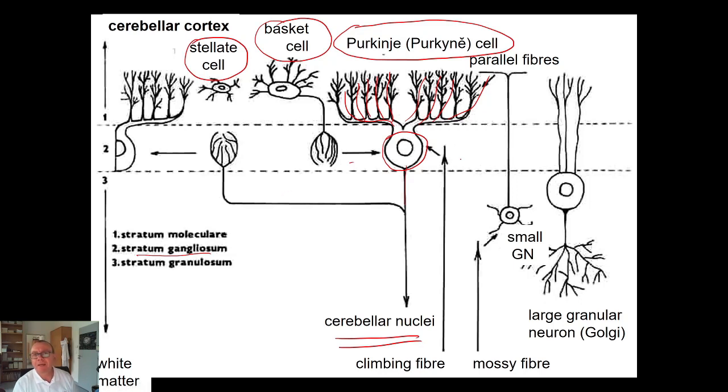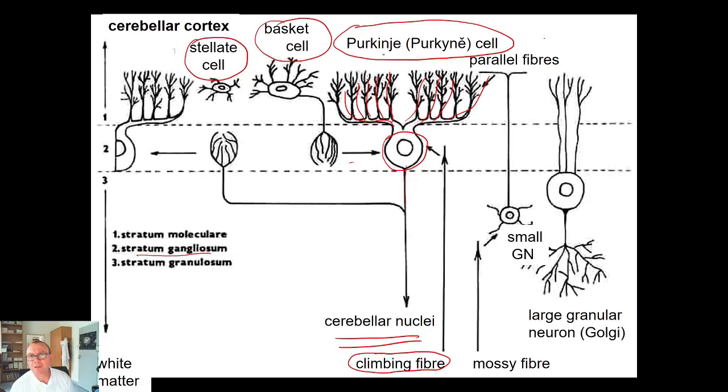Of course, there are also glial cells in the molecular layer, and some axons of other neurons, like small granular neurons from the molecular layer, or also there are so-called climbing fibers coming from deeper areas of the cerebellum, which can also enter the cerebellar cortex.